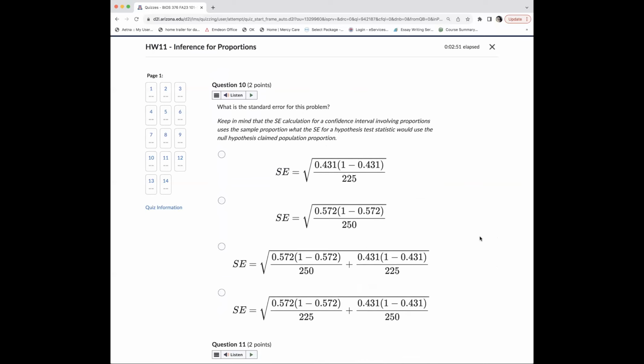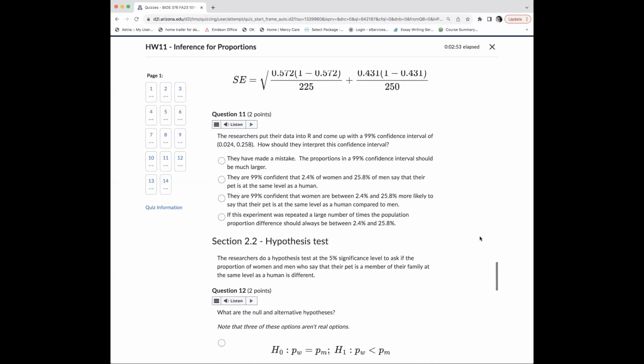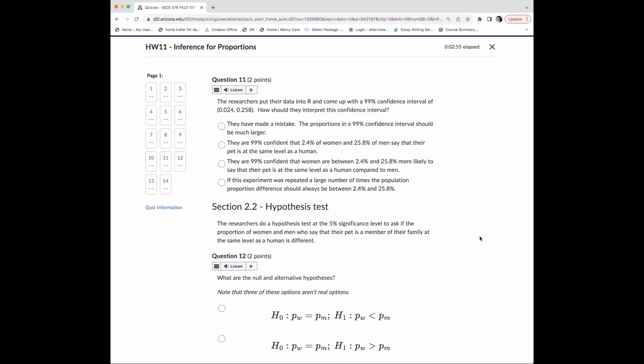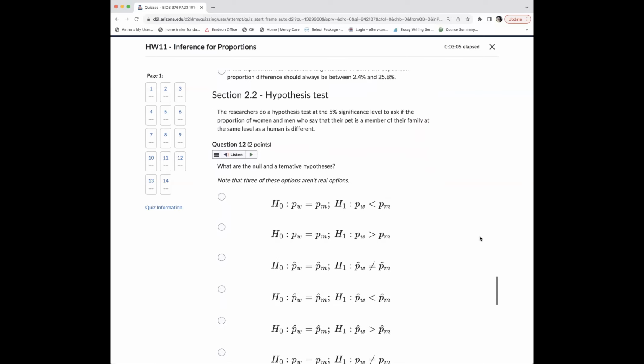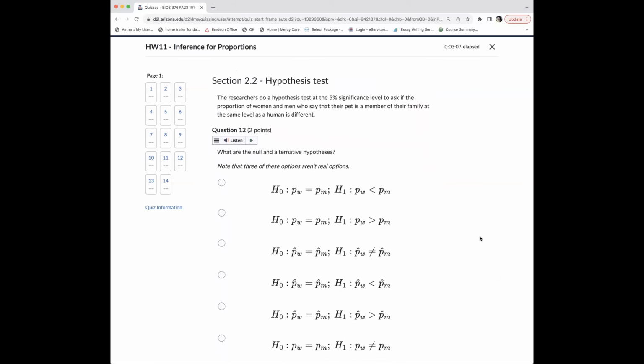All right, keep going, question 11. Keep going down for the next one. All right, perfect. You can get all that. It looks like there might be one more choice.